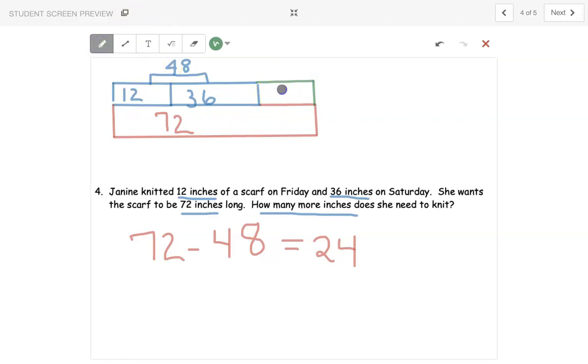I'm going to put S in there as my symbol for that unknown amount of inches she needs to knit. When I subtract from my total tape diagram of 72 how much she's already knitted, I find out my missing piece here is 24. To check my work, I add them together. 48 plus 24 equals 72, and I find that the top and the bottom of my tape diagrams match.